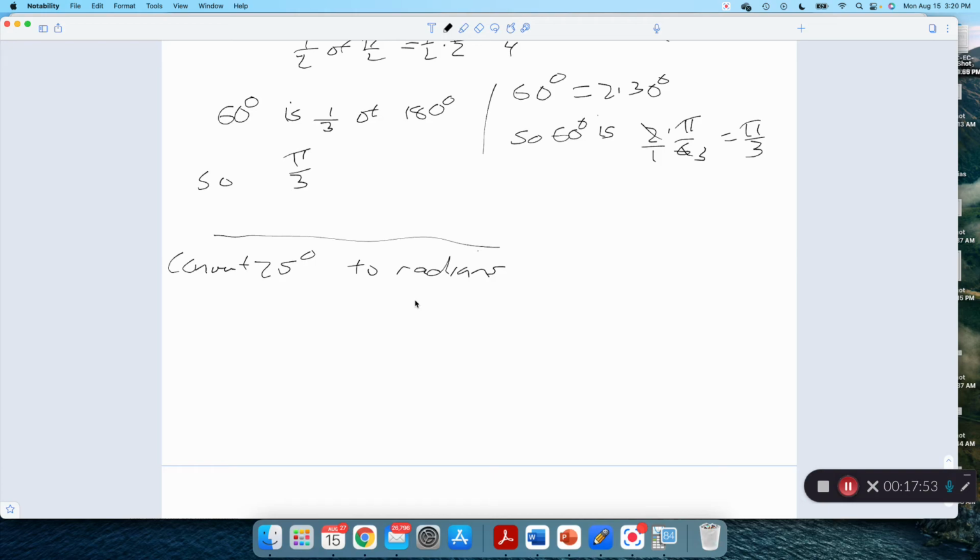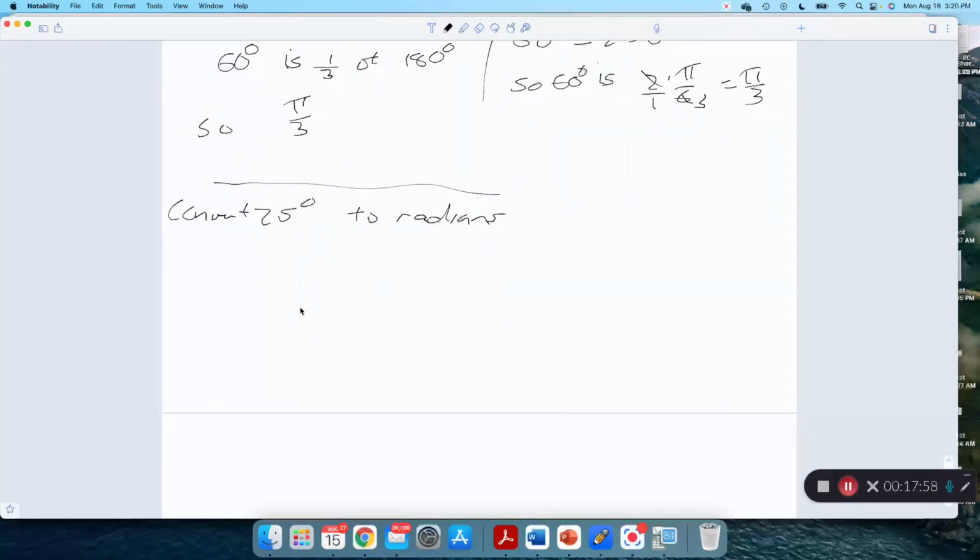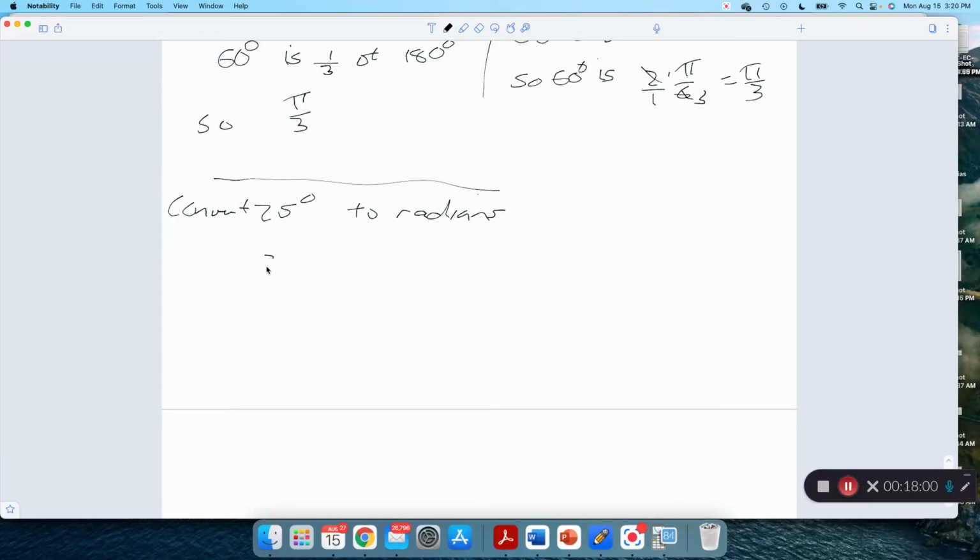If I could, I would just do it. So let's use our formulas. So we could say 25 out of 360 is that same angle in radians out of all the way around, 2 pi.